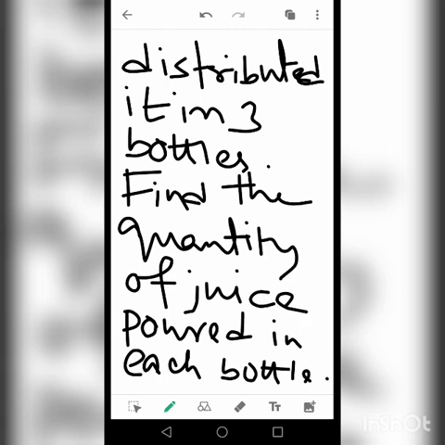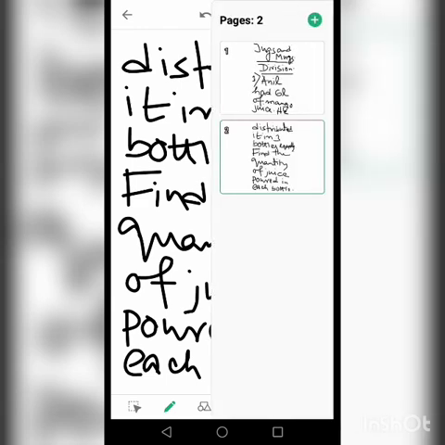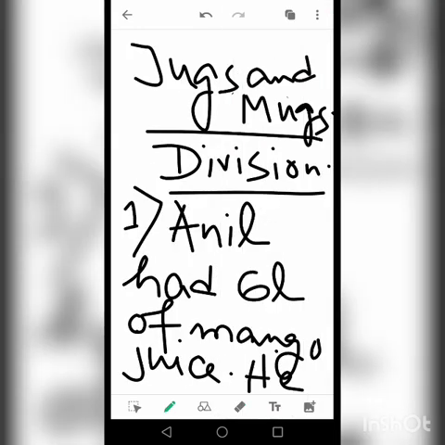Now, here one thing I need to mention: 3 bottles equally. That means equal distribution has been made for each of the 3 bottles. Let me read out the question once again. Anil had 6 liters of mango juice.